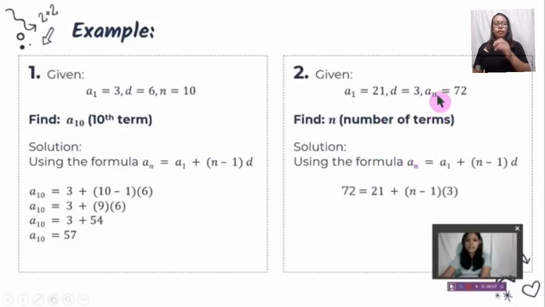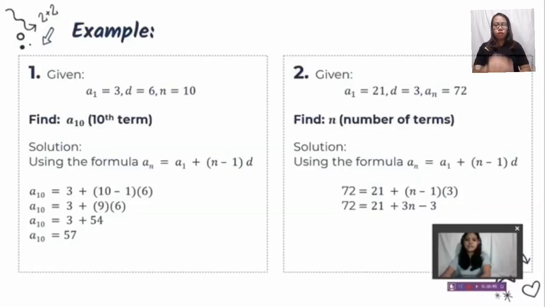Our a sub n is 72. Our a sub 1 is 21. And our d is 3. So the missing term here is the n, or the number of terms. Let's simplify first. Distribute 3. So 72 equals 21 plus 3 times n, that is 3n. 3 times negative 1 is equal to negative 3.